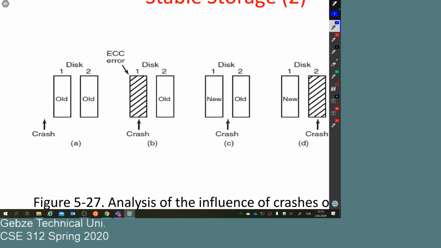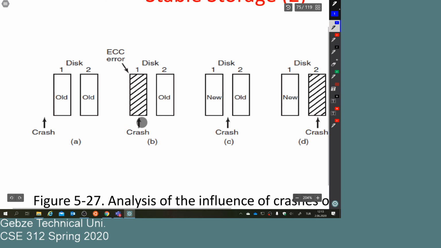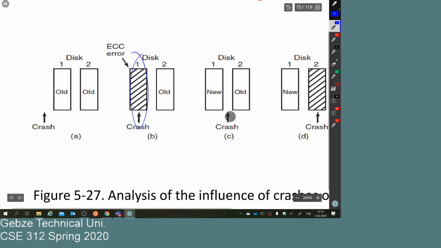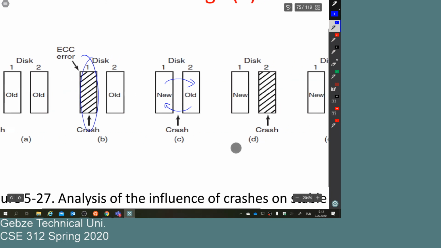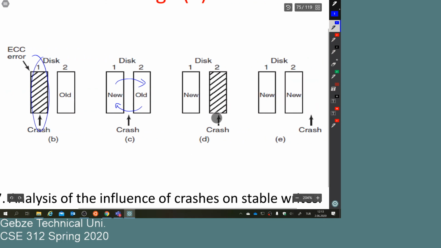If the crash happens when you are writing the data to the first disk, this disk will be in an inconsistent state, but I have my old data in the second disk. If the crash happens here, both of them are consistent, but this is old data and new data. You may copy either here to there, or there to here, it doesn't matter. If the crash happens while I'm writing that one, I have my new data in the old one. So this is the case.